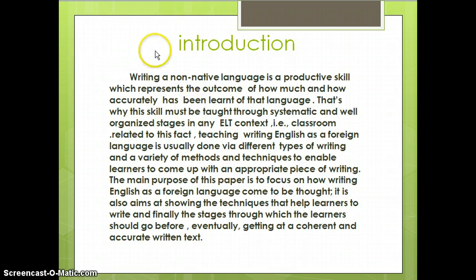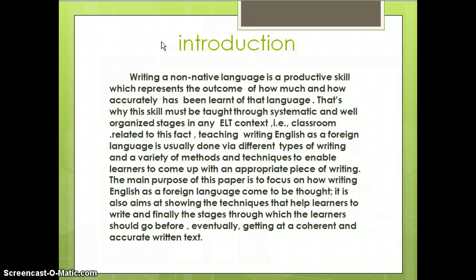Writing in a non-native language is a productive skill which represents the outcome of how much and how accurately that language has been learned. That's why this skill must be taught through systematic and well-organized stages in any classroom context.